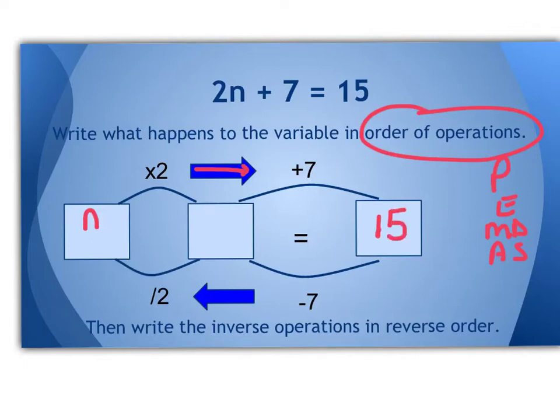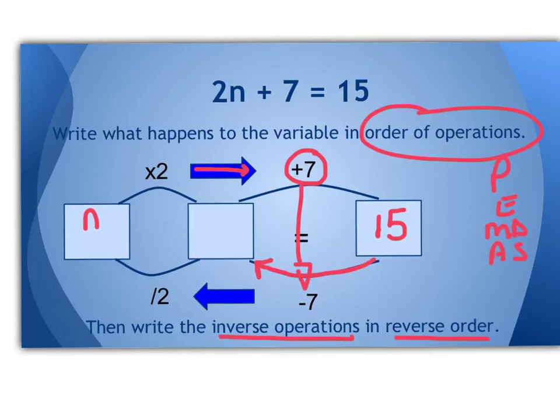Then we can write the inverse operations in reverse order, so following the arrows. So starting at the end of the problem at 15, going this way, instead of adding 7, I'm going to subtract 7 from 15.